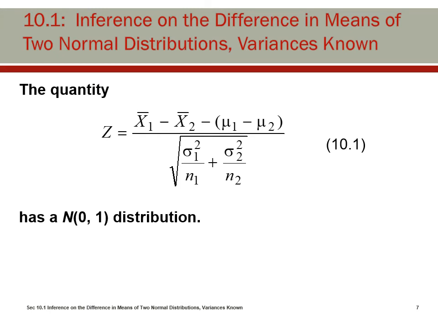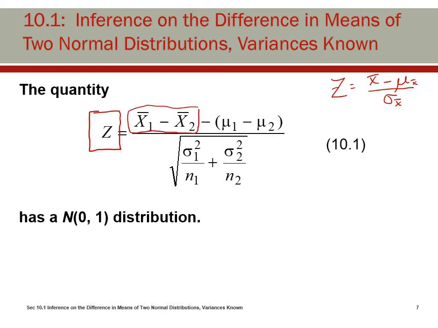This is our Z quantity now. We are going to be using the Z distribution, and we've used the Z quite a bit now. Our typical Z formula is Z equals X bar minus mu X bar over sigma X bar, which is sigma over square root of N. Well, now instead of having just one X bar, we've got two X bars here.